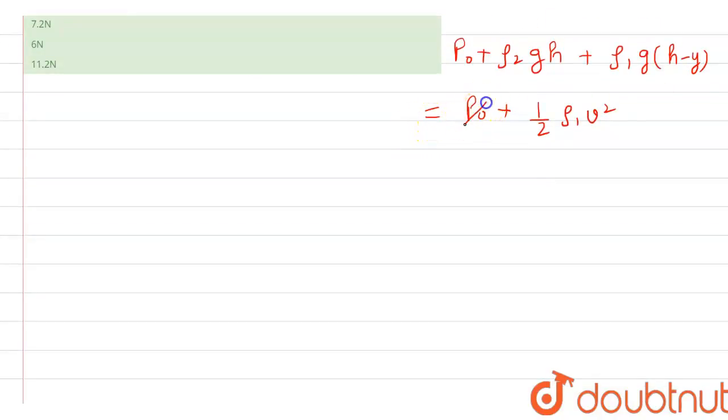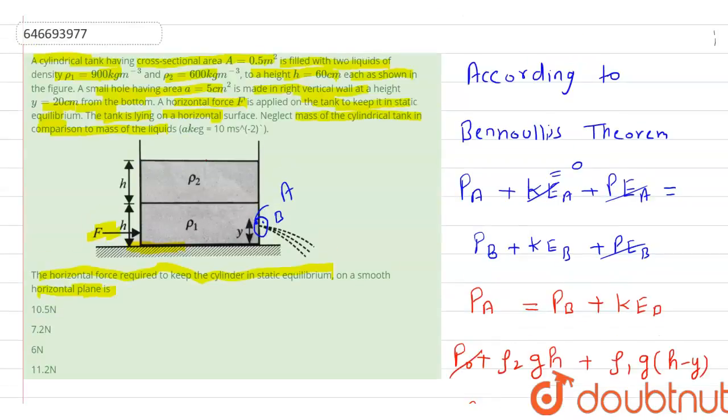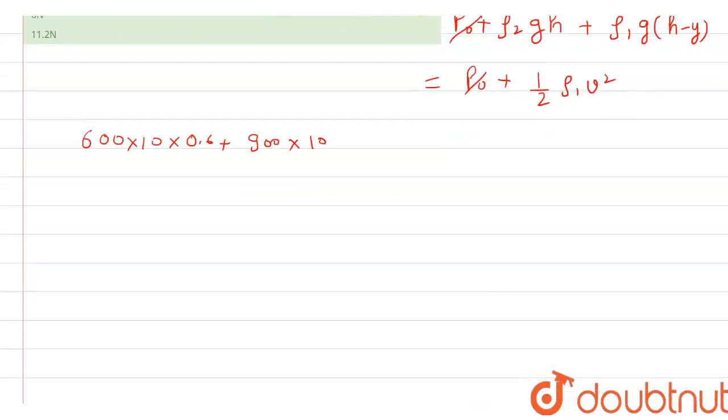Now this P naught and this P naught are going to be cancelled, and now we put all those values given in the question. Here ρ2 is 600, g is 10, and h is 60 centimeters, so it will be 0.6, plus 900, that is ρ1, into 10, and the value of y is given in the question as 20, so h − y will be 40 centimeters, that is 0.4.